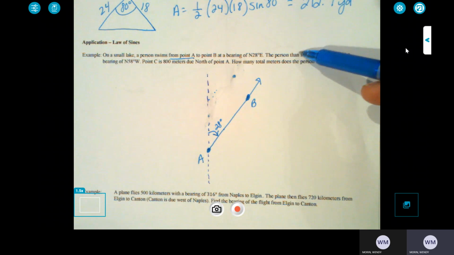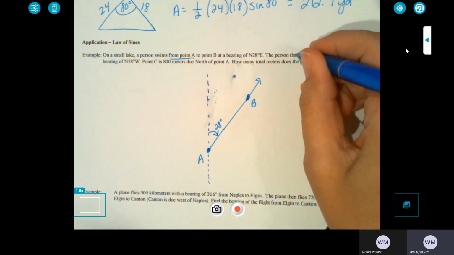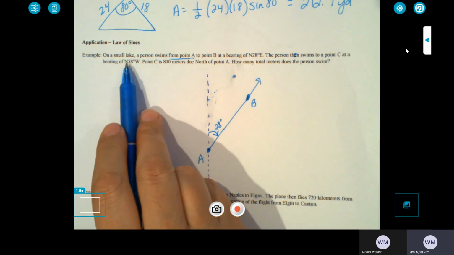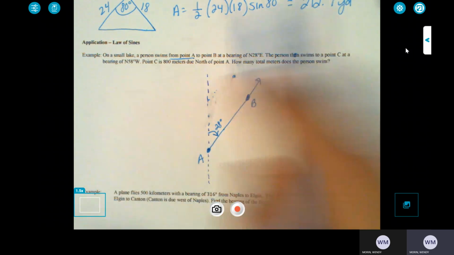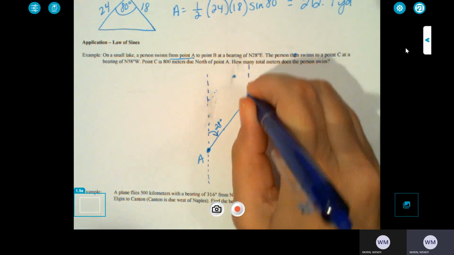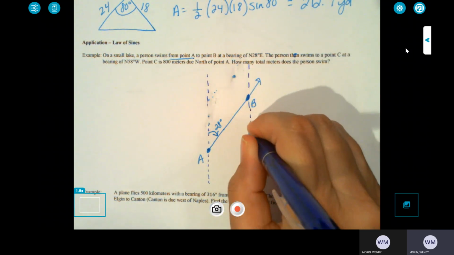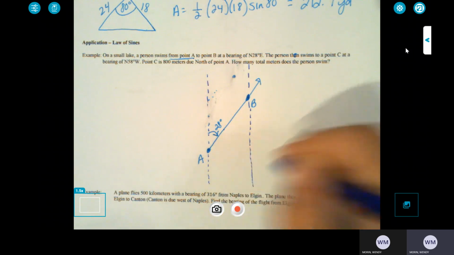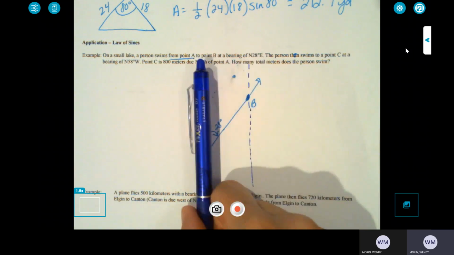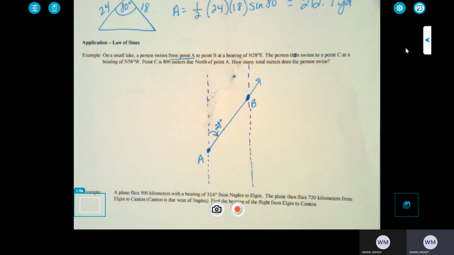Now, the person then swims to a point C at a bearing of north 58 degrees west. So where are you swimming from? You're swimming from A. Again, I like to put in my north-south lines because that helps me with my bearings, and it also helps me see that north and south lines are parallel lines, as we will need to use.